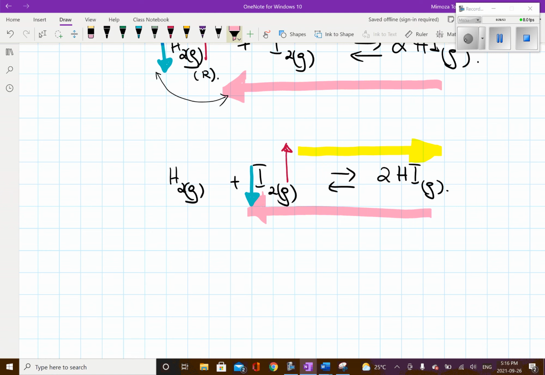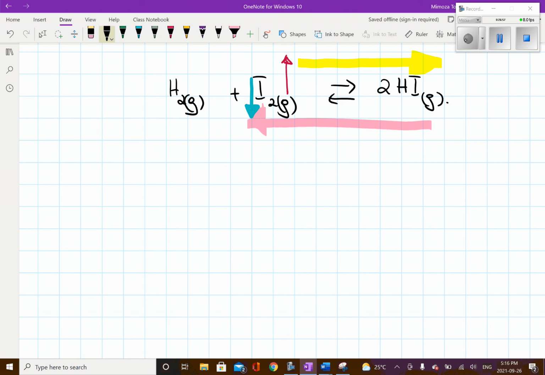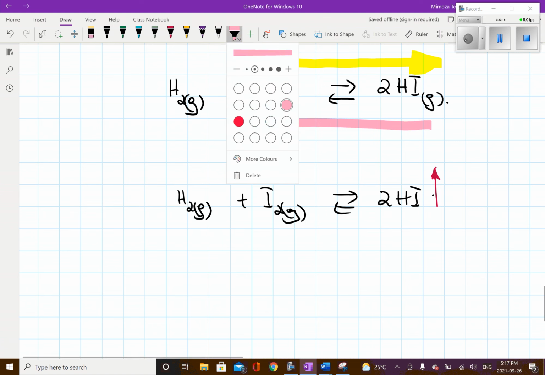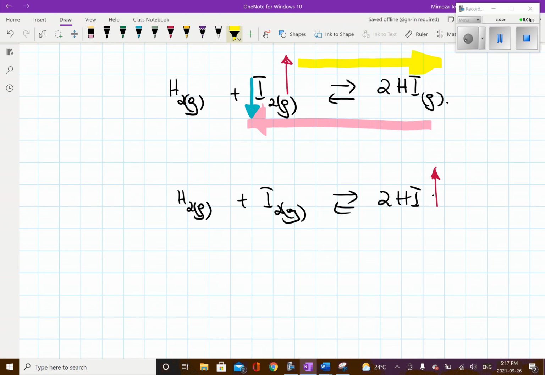Okay? Now, let's take a look at the last part of it. So we have H2 gas plus I2 to HI. So now, what I'm saying is that I'm increasing the concentration of HI. And then the system is saying, no, I don't want this to happen, so I will use up what you increased.